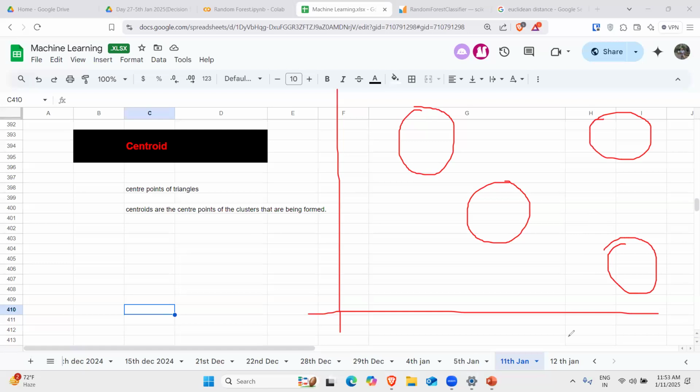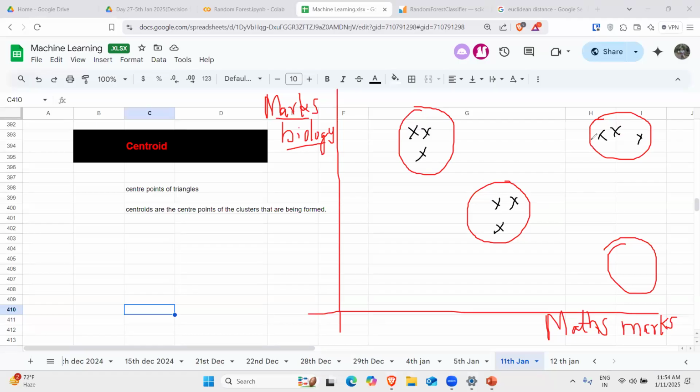On the x-axis, I have marks in mathematics, and on the y-axis, marks in biology, and these are my data points. So this is C1, let's call the others C2, C3, and C4.